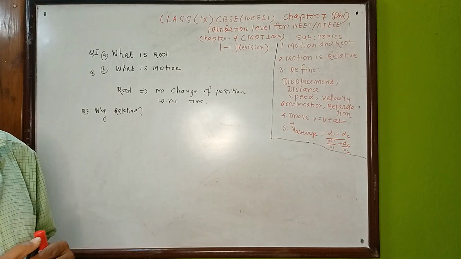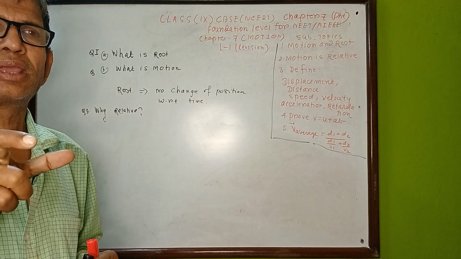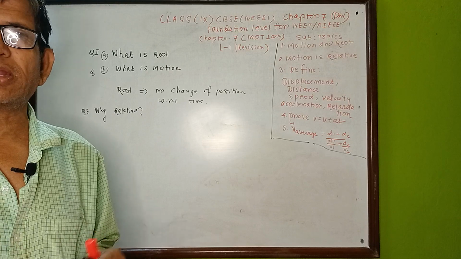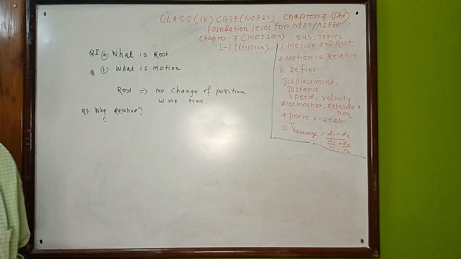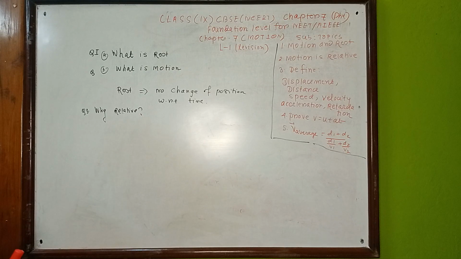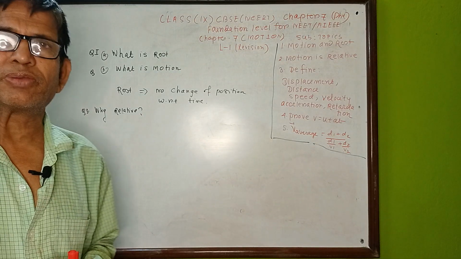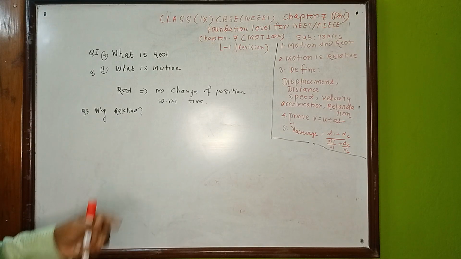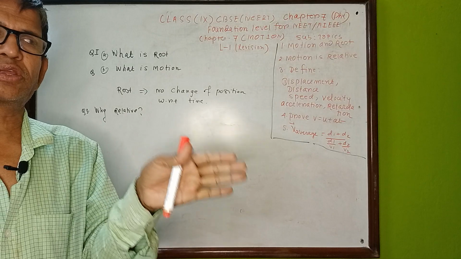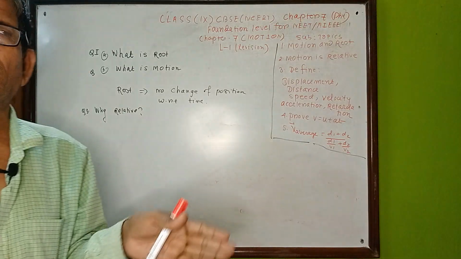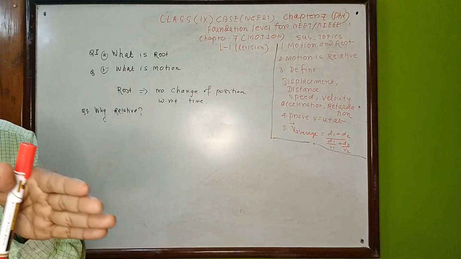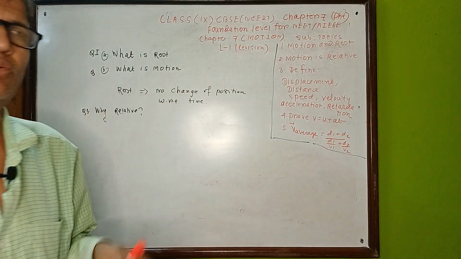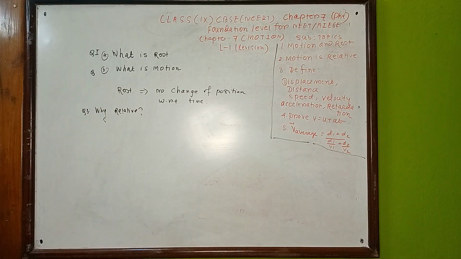As for example, you see a tree at rest when you are standing, but if you move in a bus and from the running bus you observe the tree, then the tree is in motion. So whether the body is at rest or in motion depends on where you are observing from, or which reference frame you are observing from. As for example, if from a running train you observe a passenger standing on a platform, the passenger inside the train will see the passenger on the platform also running with the train in the opposite direction.